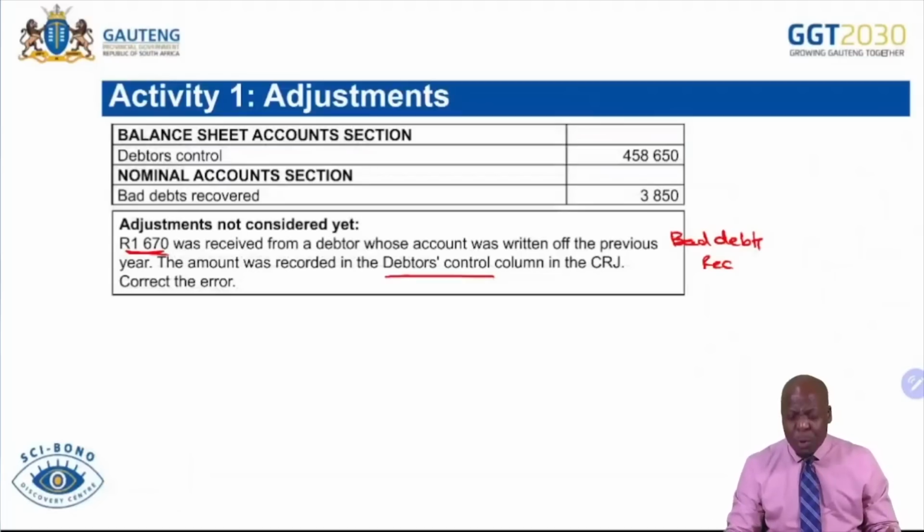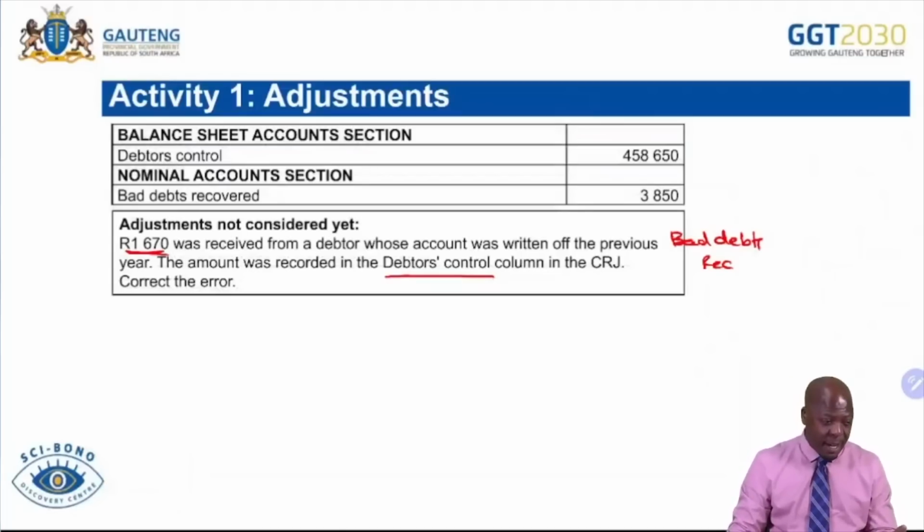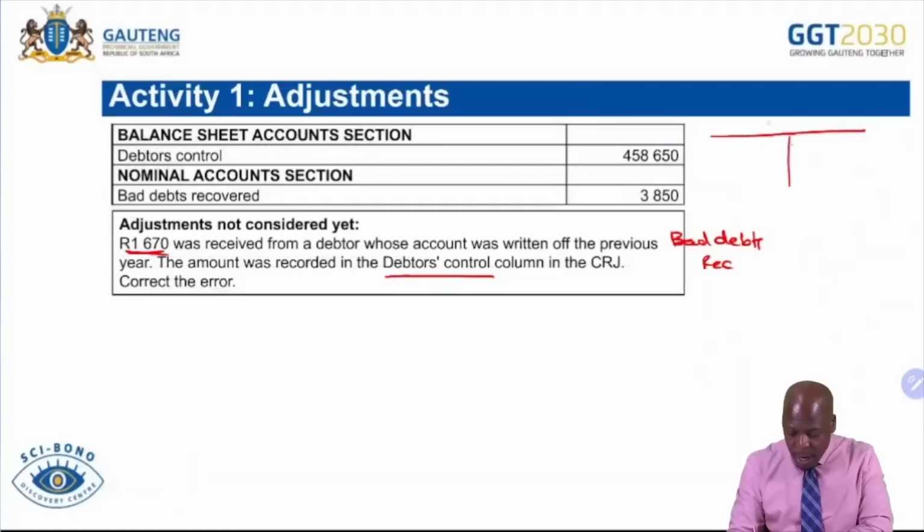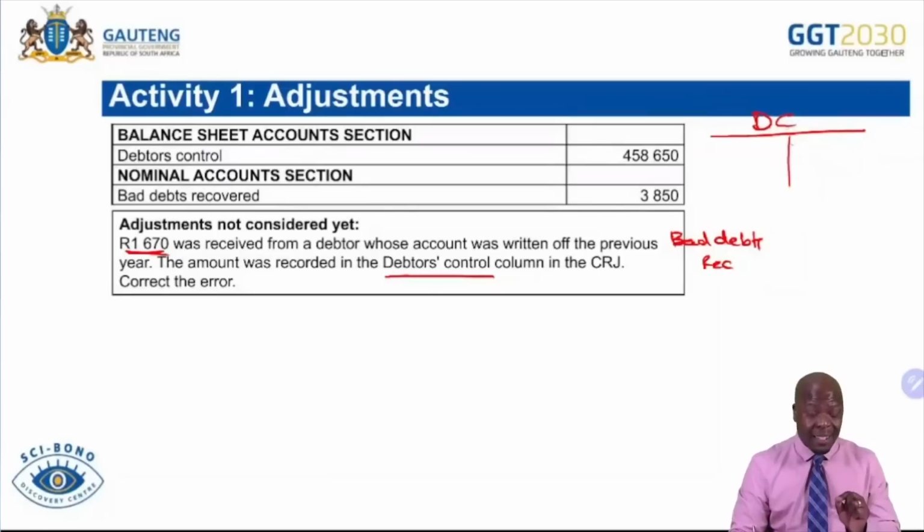Okay, so the first thing that we would want to know is what kind of an error did they commit? So they came here and they came to the debtors control. Remember, debtors control is an asset. So they came, here's the plus, here's the minus. When you receive money in the debtors control, you credit it. So they came and they said 1,670. This was incorrect.